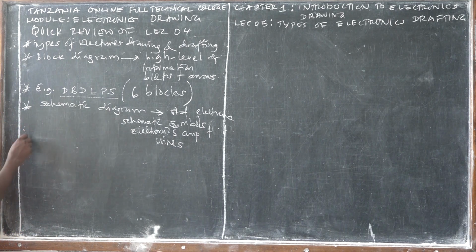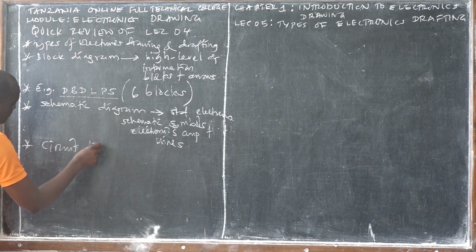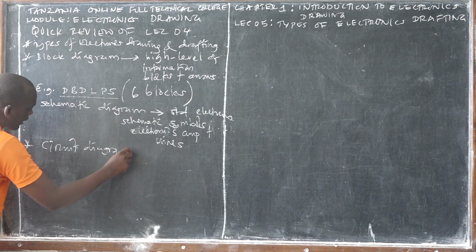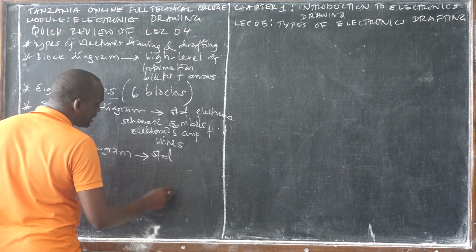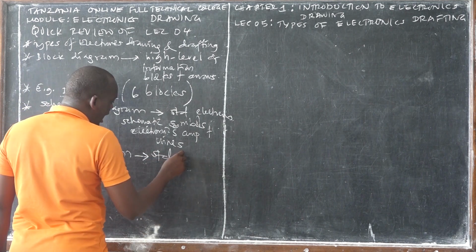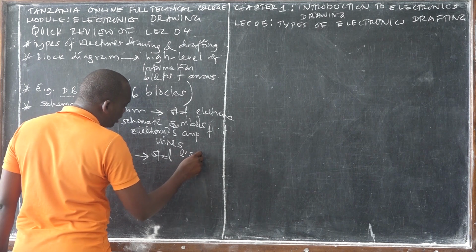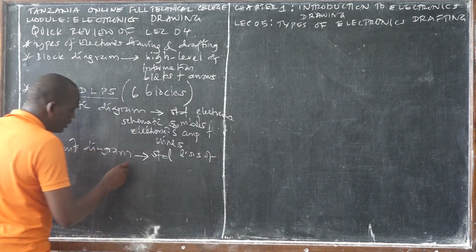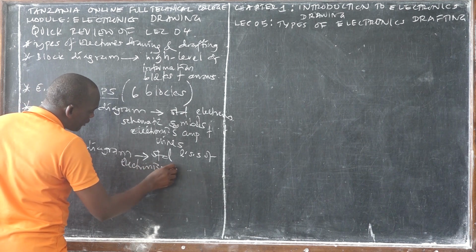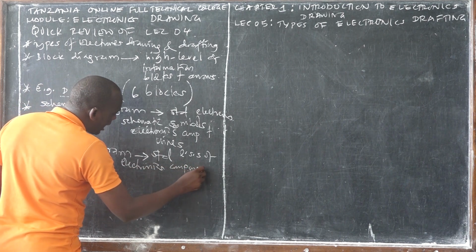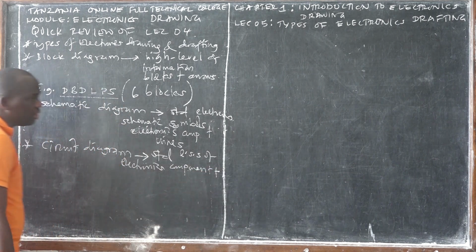Then the third type is called the circuit diagram. Say circuit diagram. So the circuit diagram also uses standard electronics schematic symbols of electronics components, but it has some additional features.